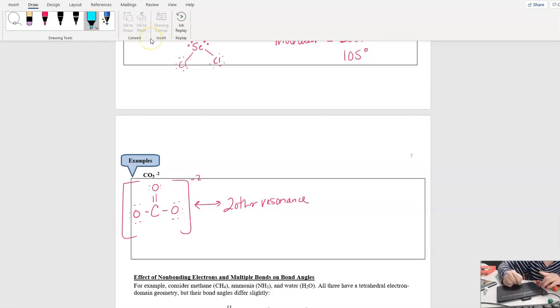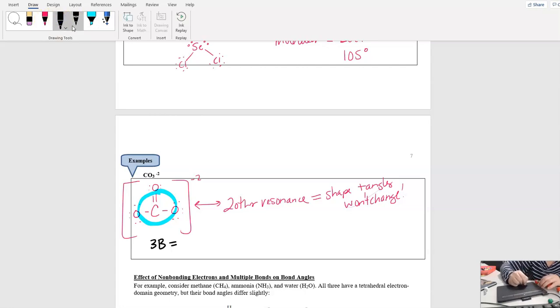So regardless, ladies and gentlemen, because you have 2 other resonance structures, very key, the shape and angles won't change just because you have resonance. The only thing that changes with resonance is your location of electrons. But you still have, if you look at this structure, how many bonding regions? Well, I have 3 bonding regions. And on that carbon, I don't see any lone pairs.